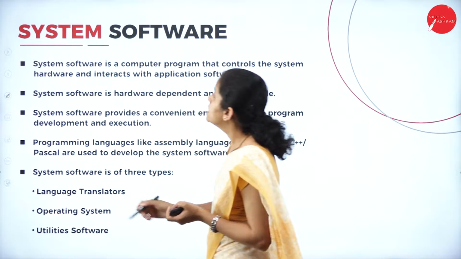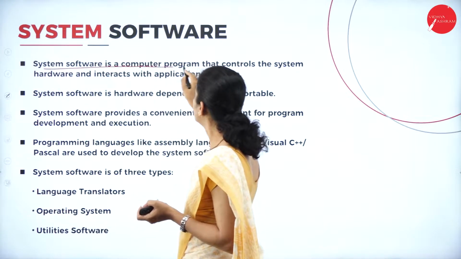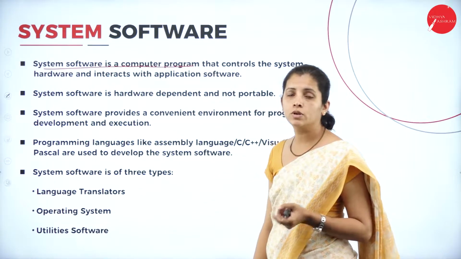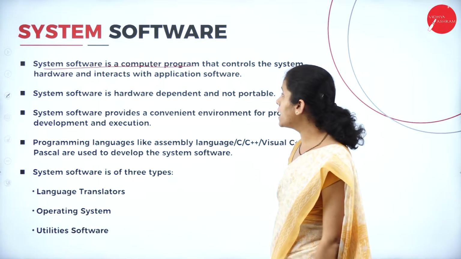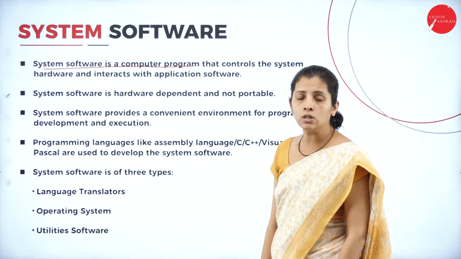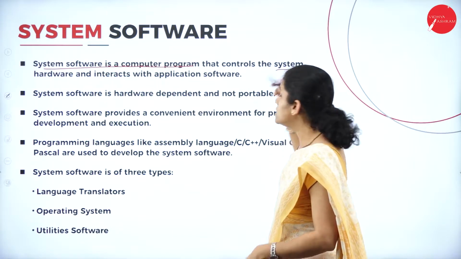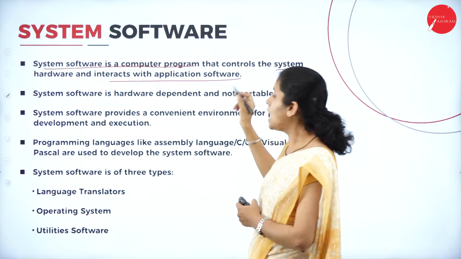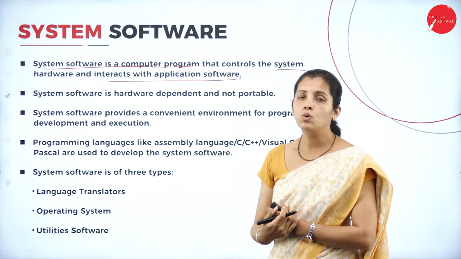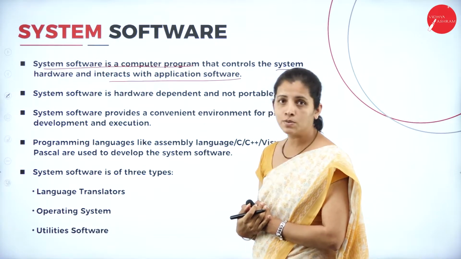So here system software is a computer program that controls all the system hardware as well as interacts with the application software.